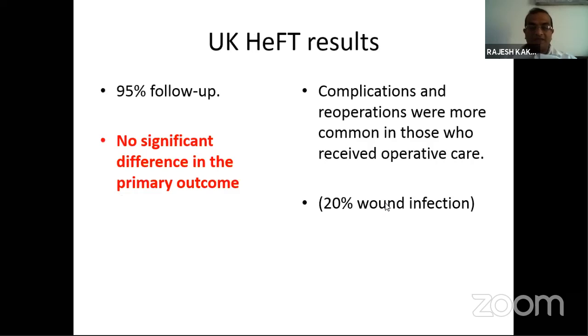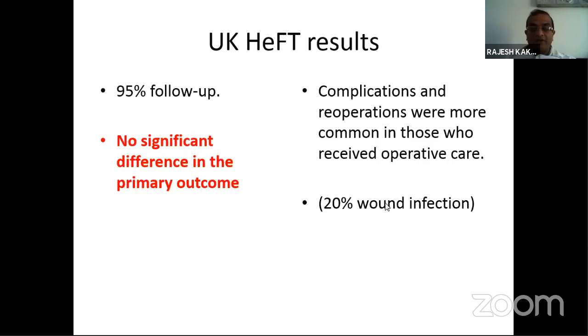They had a fantastic follow-up of 95%. They recorded no difference in the primary outcome, but the complications and reoperation rate was much more common in those who received the operative care.